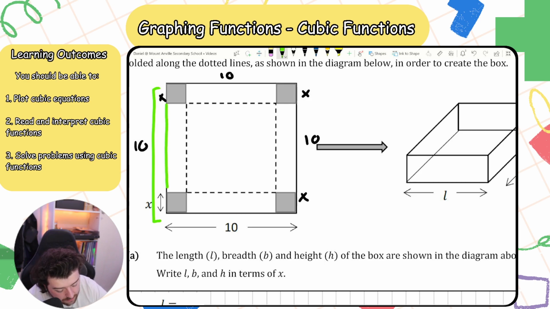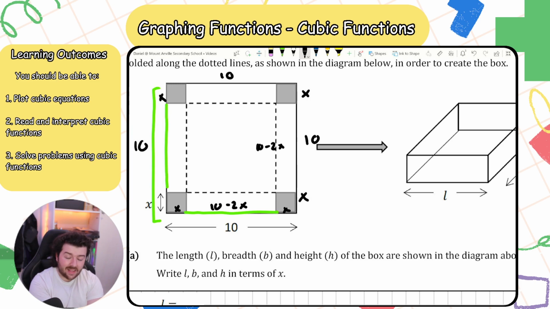This is going to be x and this is x. That means this region here is going to be 10 minus 2x. And again, it's the same in here. So this region here is 10 minus 2x. So the length and the width here are the same.